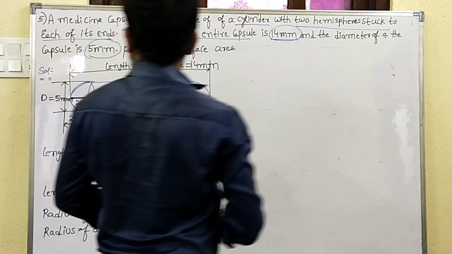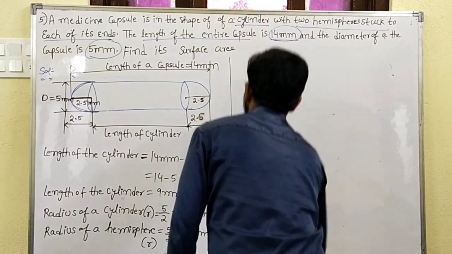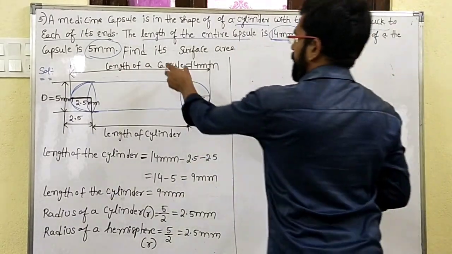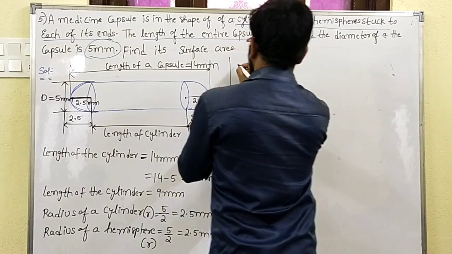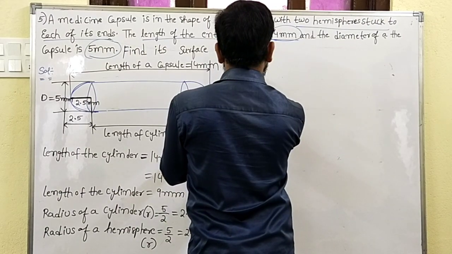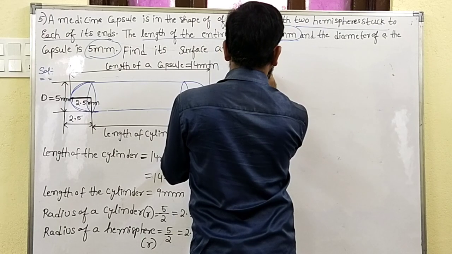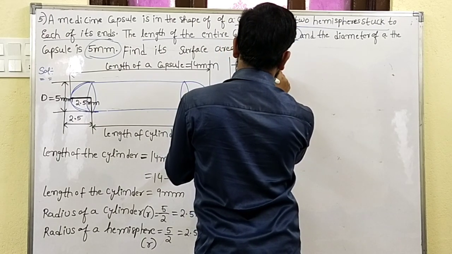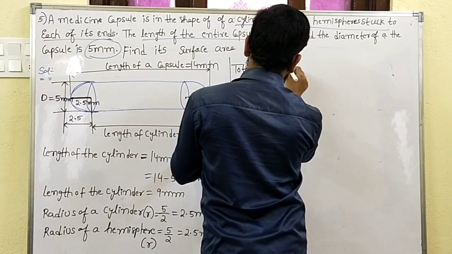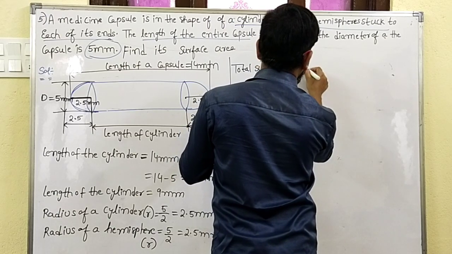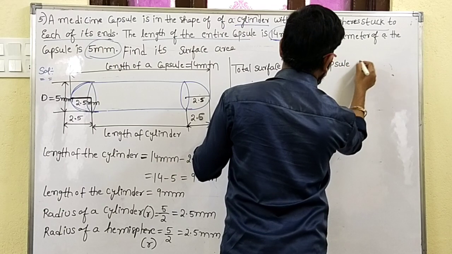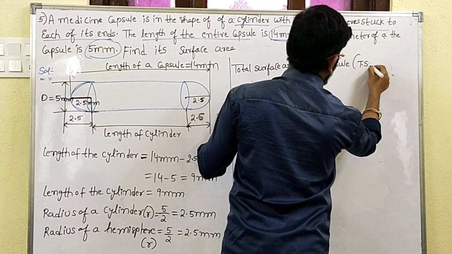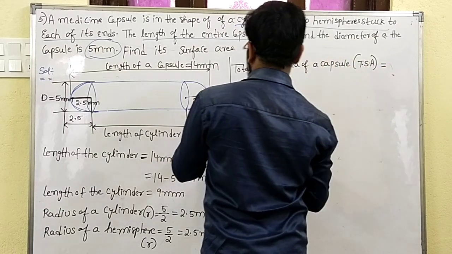Now we want to find its surface area. So surface area means the total surface area of the capsule, in short called TSA.